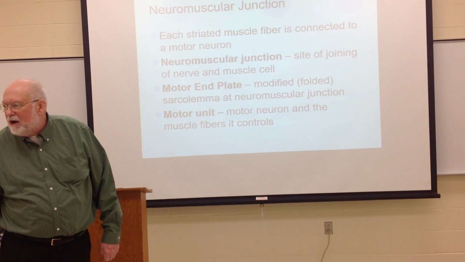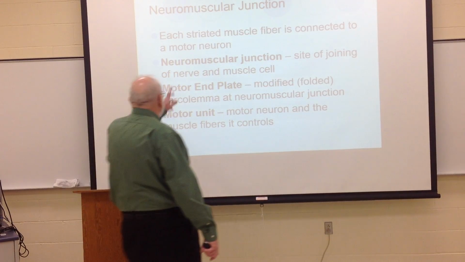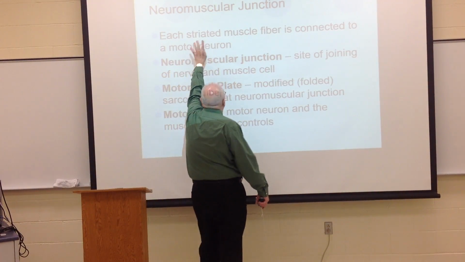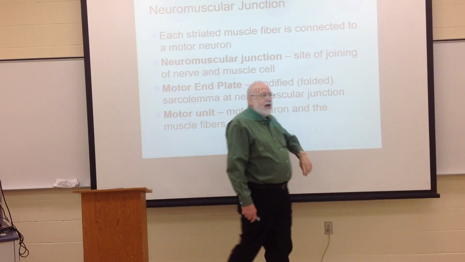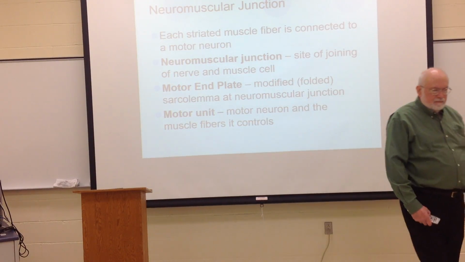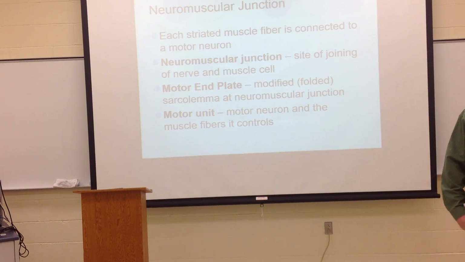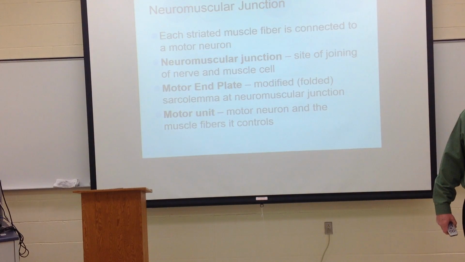Well, that's exactly what it is. All right? Each skeletal muscle cell is connected to a nerve fiber. Every one of them. Each one of them. All right, now that's not true with the other types of muscle, but it is for skeletal muscle. Every fiber has a nervous connection.